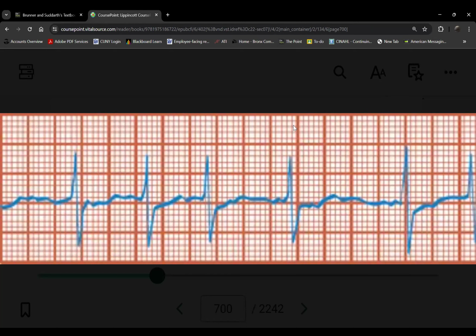So what two things are not seen here, are not happening? The SA node is not the one causing the impulses and the atria are not contracting. So if the atria are not contracting, is blood moving out of the atria? So what will blood do when they're in one place more than a few seconds? They will form blood clots.